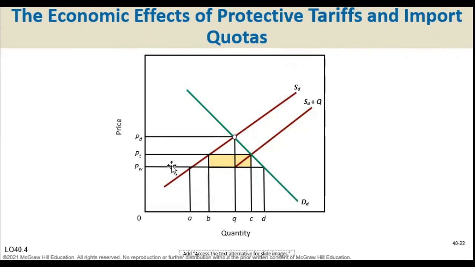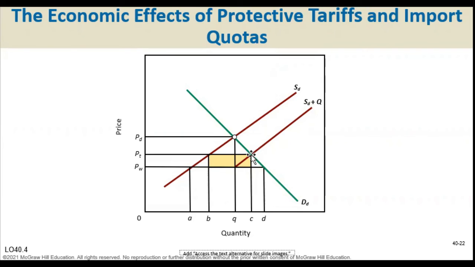So the price will increase, and the quantity produced will rise from A to B. While the quantity demanded, what's going to happen to the quantity demanded, D?